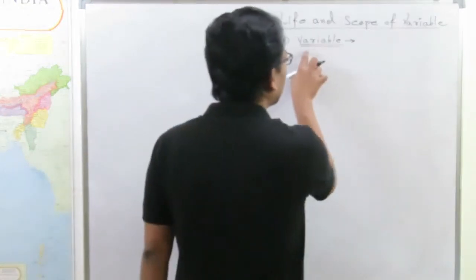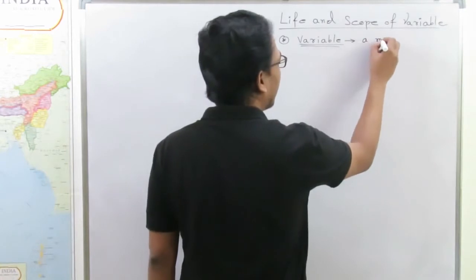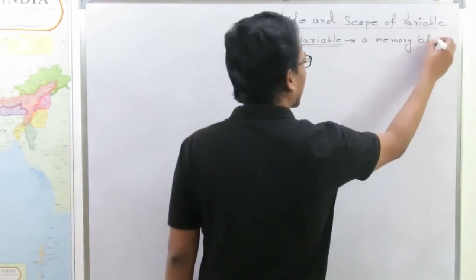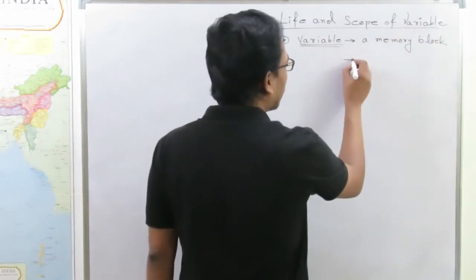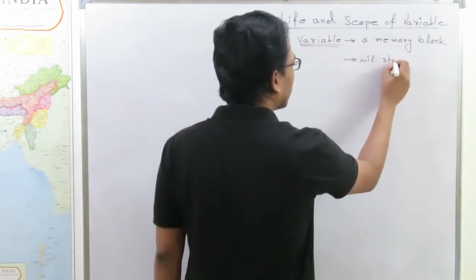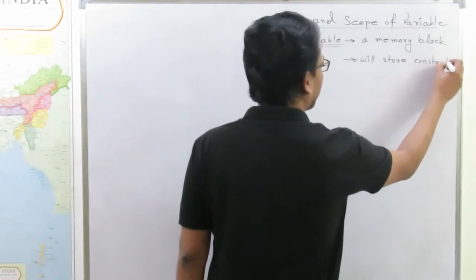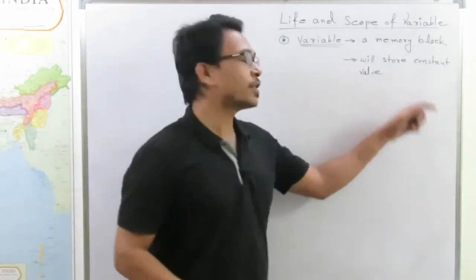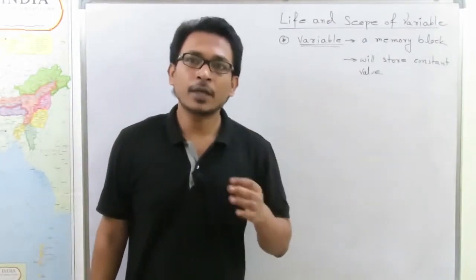That means for any particular variable we have a memory block, and in this memory block we will store a constant value. That constant value will be further used by the system to perform the task.